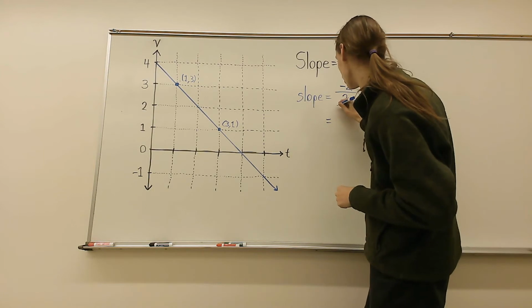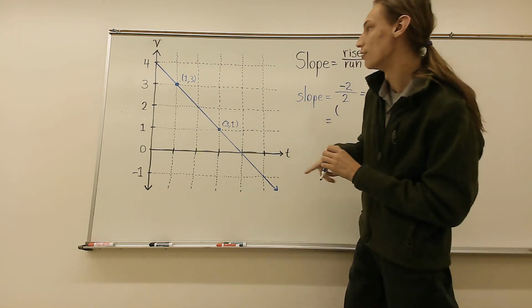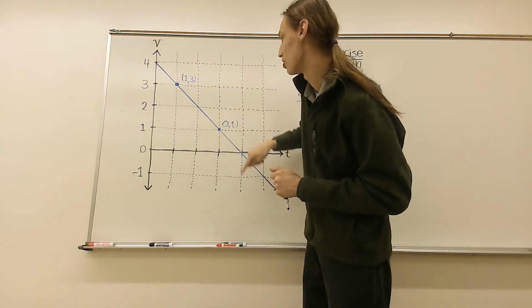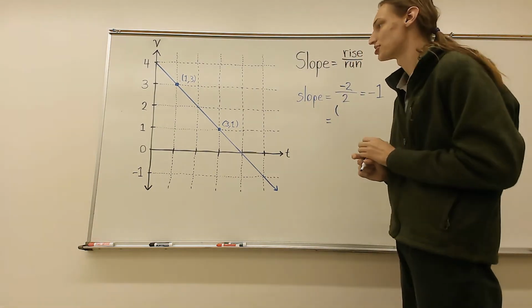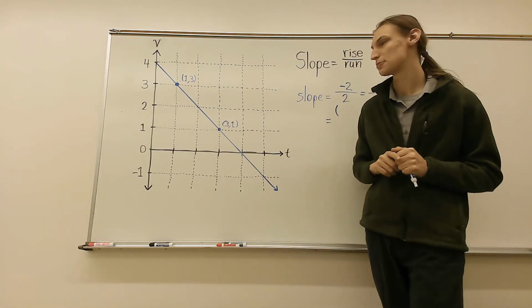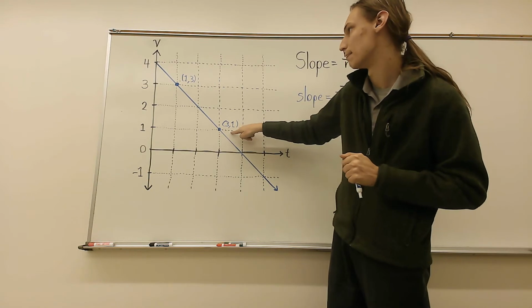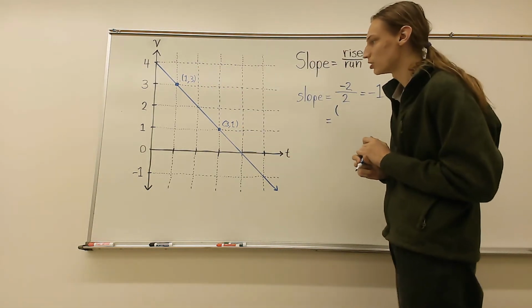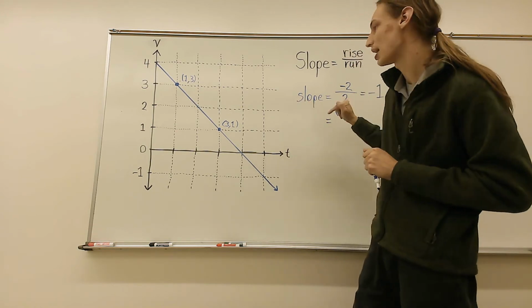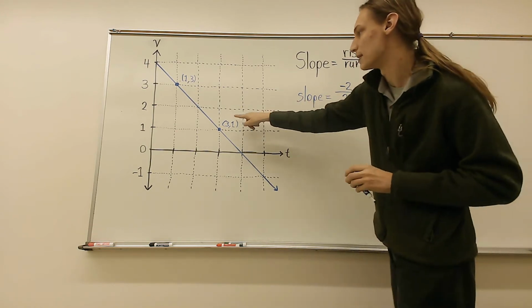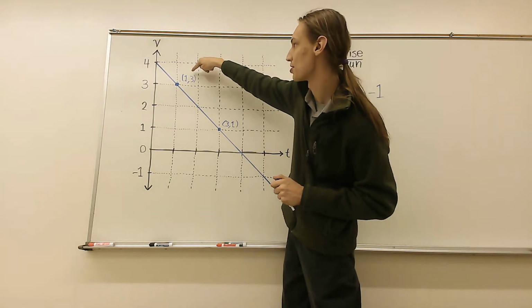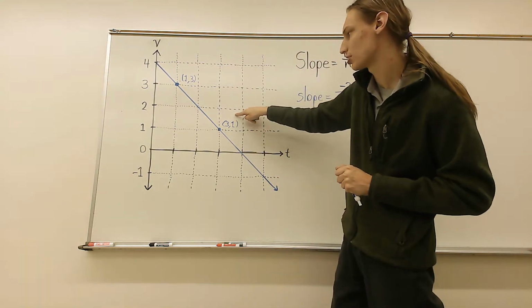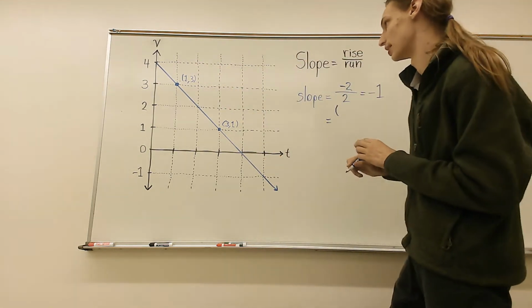So that is going to be the change of the y coordinate, which is the second number here. So the way that we calculate change is by taking the second number and subtracting the first number from it. So the change in our y coordinate, or the rise, would be 1 minus 3, because it is the second coordinate minus the first coordinate.